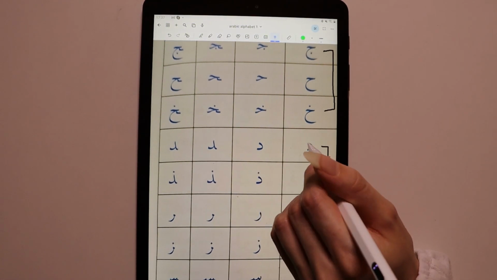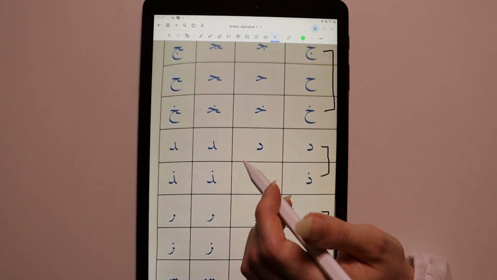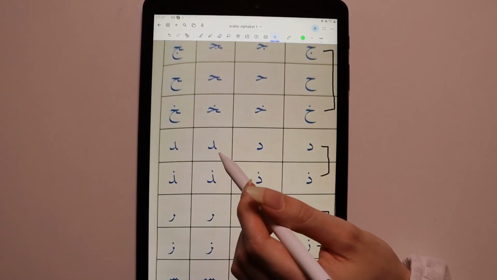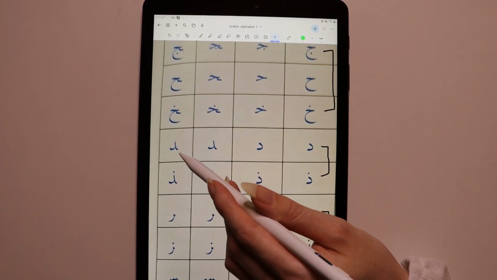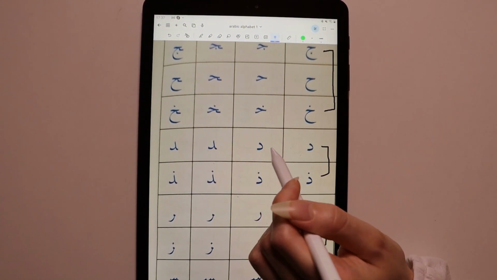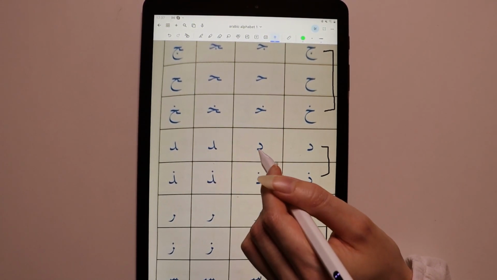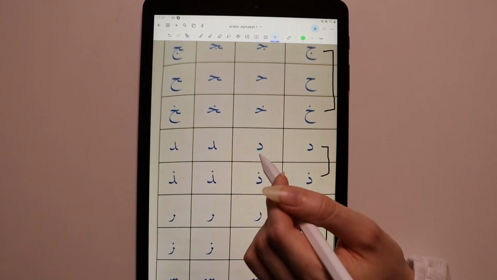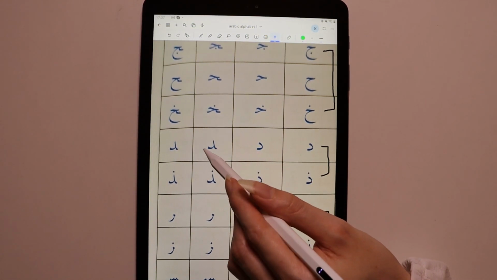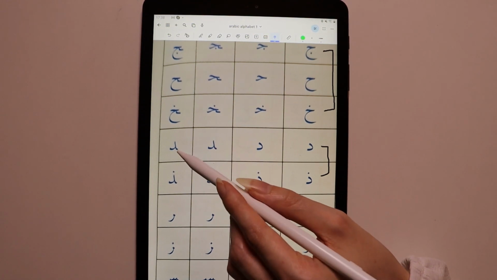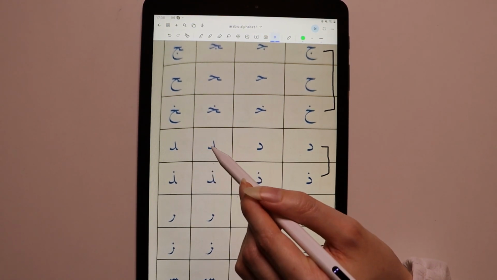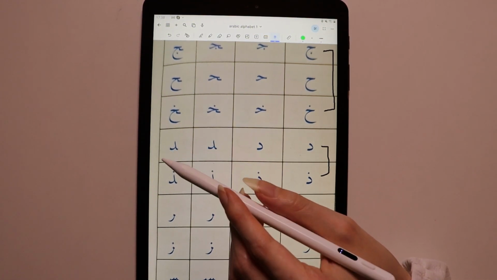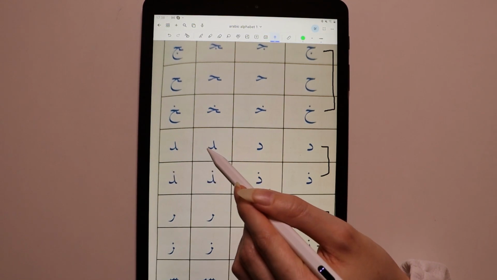And so it only has an isolated form, a beginning form, and a middle and end form. They stay the same because this letter can't connect to another letter. It can only come from a letter and then again can't connect to another one. So it can stand in the middle of a word, but the letters afterwards can't be connected to this letter.